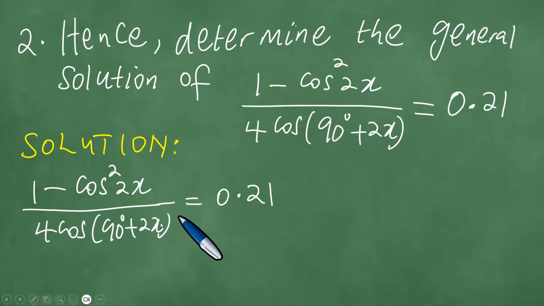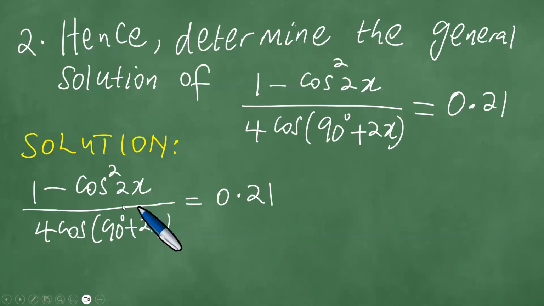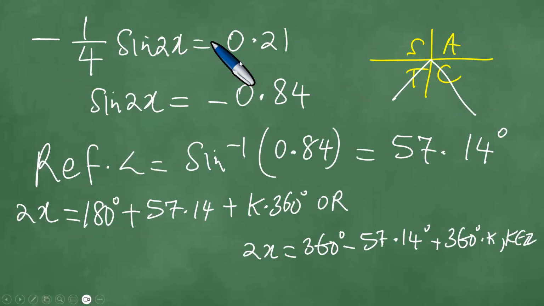We started with this problem here and realized that because it was saying hence, and therefore, we know from the previous calculation that 1 minus cosine squared A, all divided by 4 into cosine of 90 degrees plus A is minus 1/4 sine A. So this one is going to be minus 1/4 sine 2x, which is this.